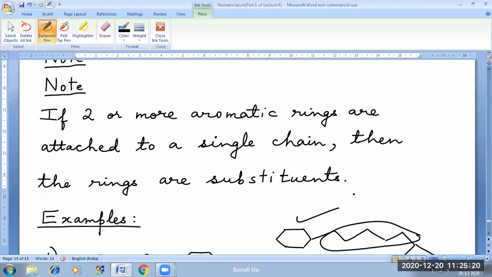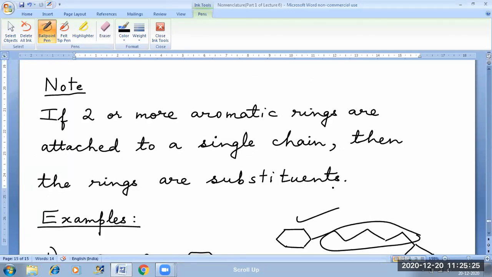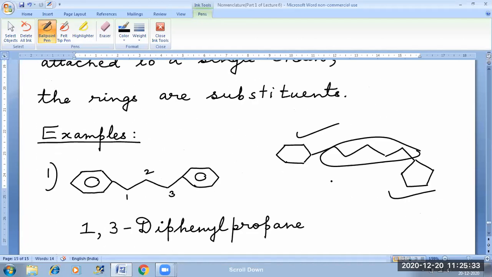Okay. Now, important point, like we did in cyclic compounds, that is, if two or more rings are attached to a single chain, then the rings are treated as substituents. For example, in the first example, you have two aromatic rings which are attached to the same single chain.